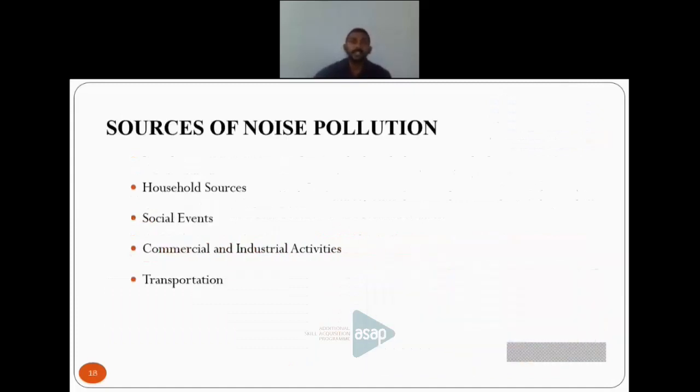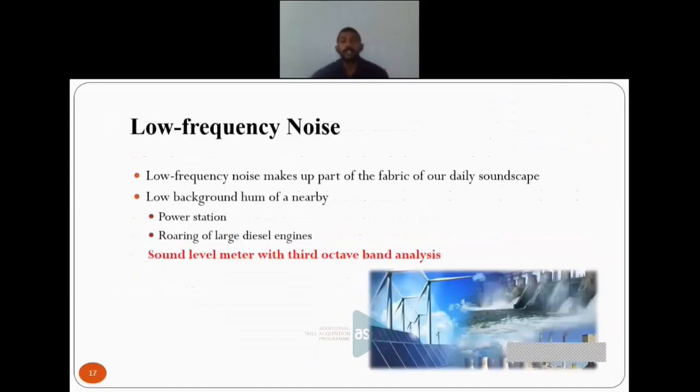Next, low frequency noise. Low frequency noise comes when a thermal plant or power generating plant is nearby, or roaring large diesel engines are working. Roaring sounds come to us continuously. That is low frequency noise, and it can be measured with a sound level meter with octave band analysis.